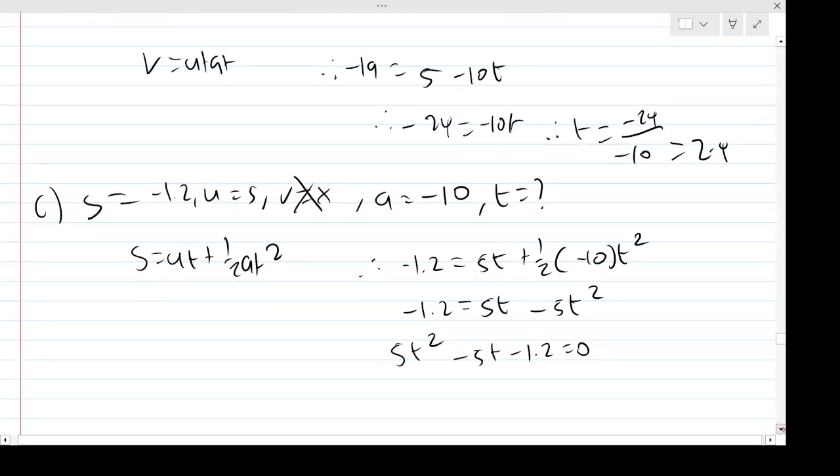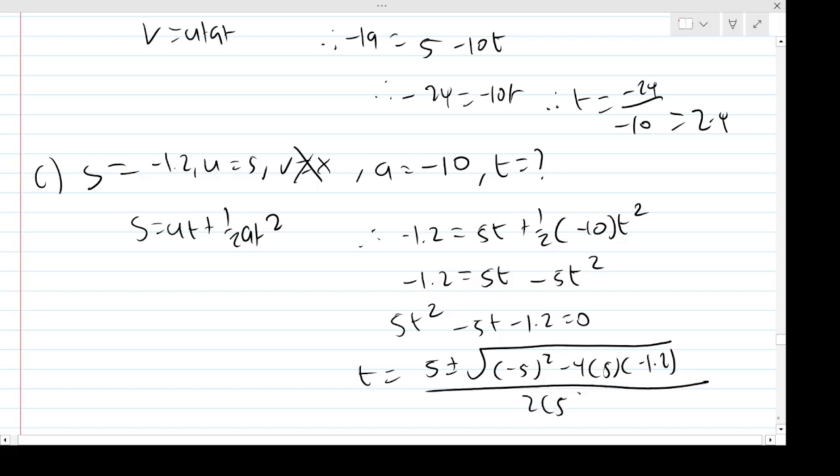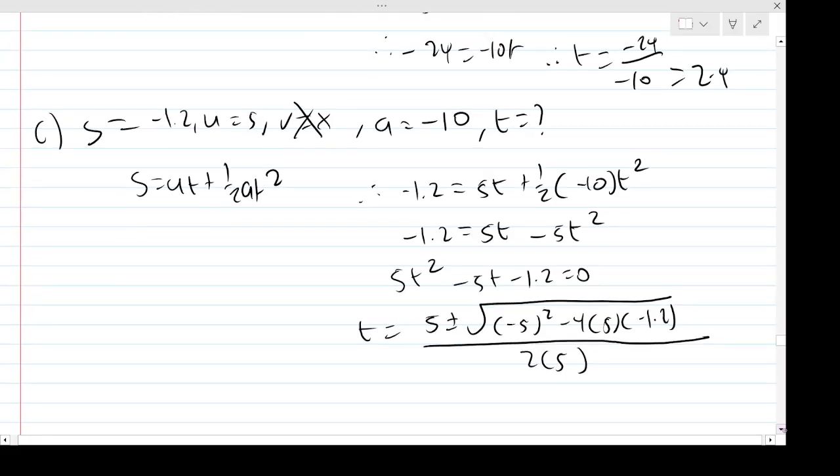This is now quadratic, so if I solve this, I get t equals 5 plus or minus the root of minus 5 all squared minus 4 lots of 5 lots of minus 1.2, all over 2 lots of 5. That gives t is 1.2, or t is negative 0.2.